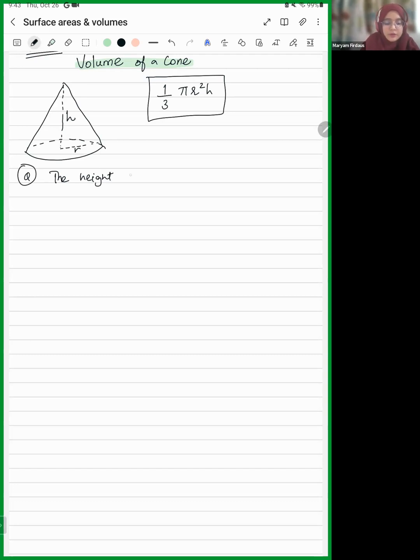The height of a cone is 15 centimeters. If its volume is 1570 centimeter cubed, find the radius of the base.